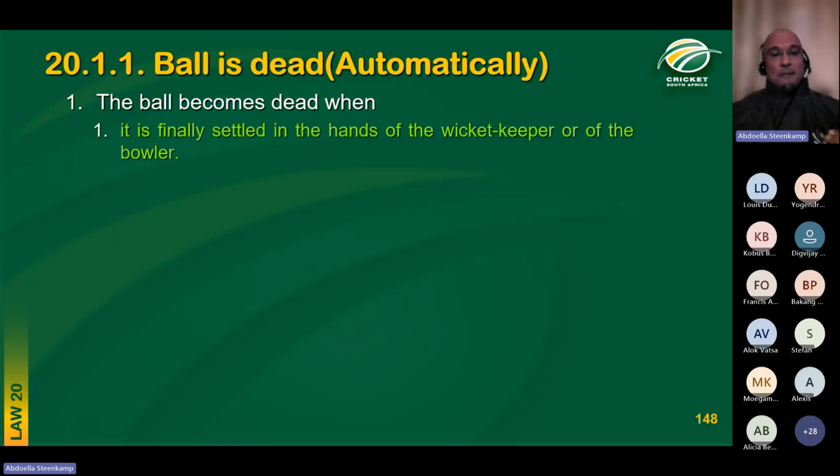So the ball automatically becomes dead when it finally settles in the hands of either the wicketkeeper or the bowler. The ball automatically becomes dead when a boundary is scored. The ball automatically becomes dead when a batter is dismissed.